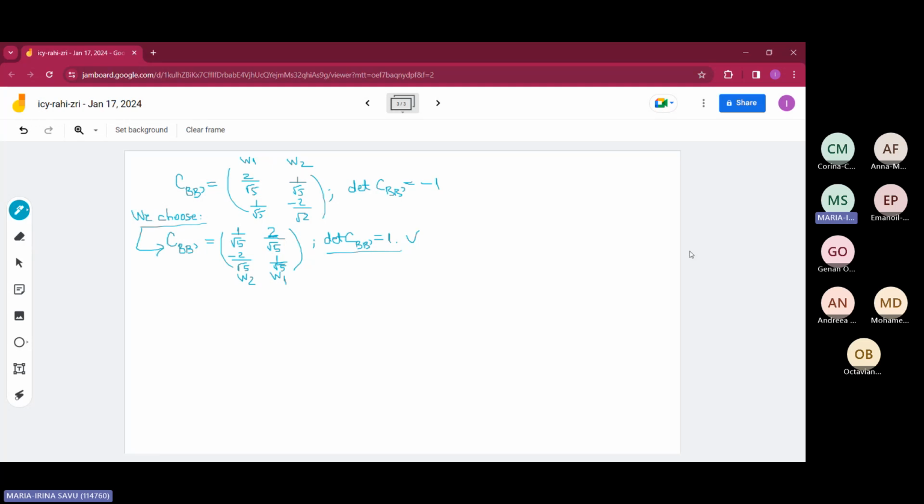Okay, and the notation that we have has the form (x, y) equals C_B,B prime times (x prime, y prime).